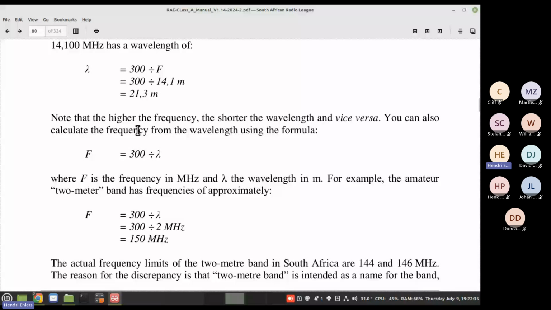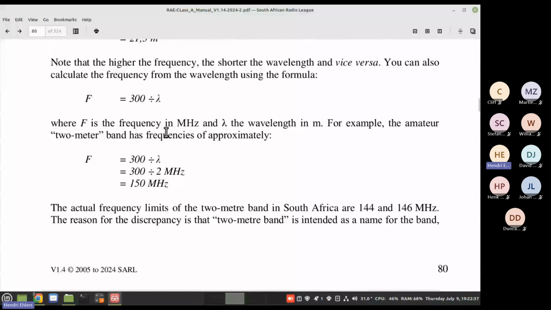Here is a typo. That's supposed to be meter and not megahertz, and I see it's carried over exactly the same into the online system, but we will fix it in the very near future.